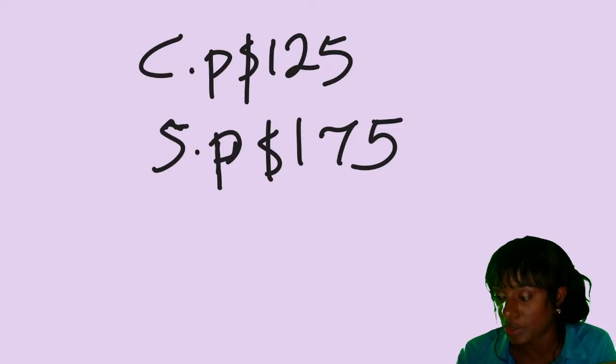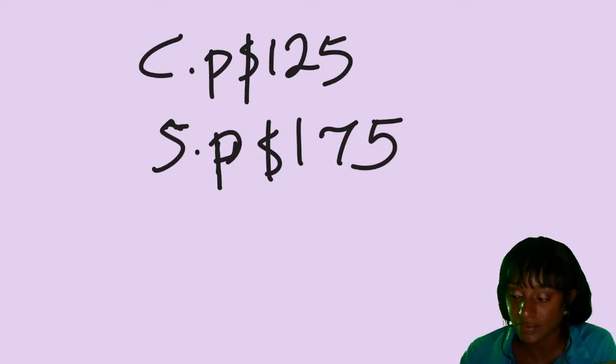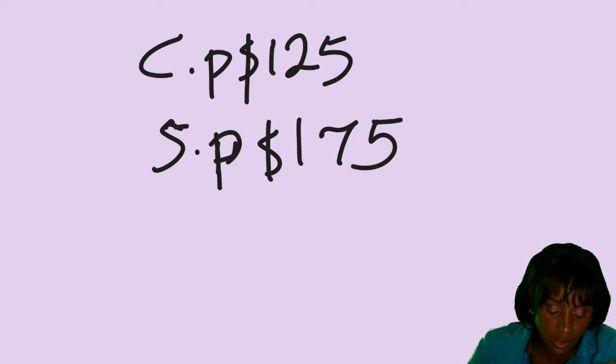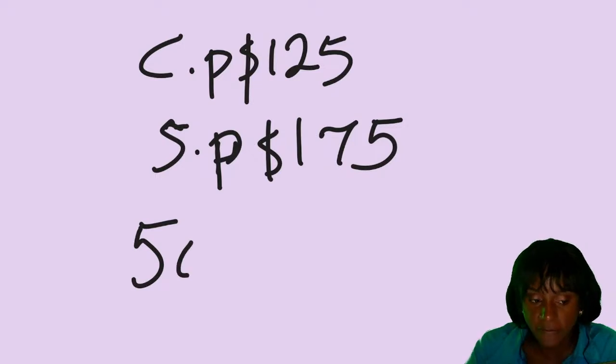The selling price $175. So what is the value of the profit? Okay, Jenny said $50. Kayla says 50. Jay says 50. Excellent. That is correct. 175 minus 125 gives us a profit of 50.